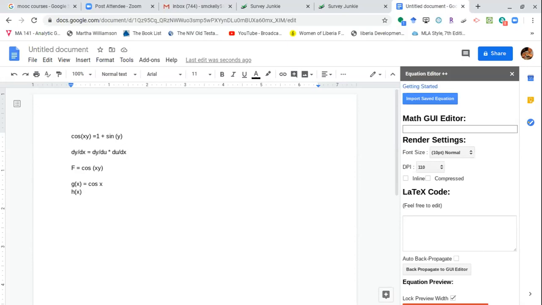H of x is xy. That's not exactly correct notation, but that's essentially where we're going with this.